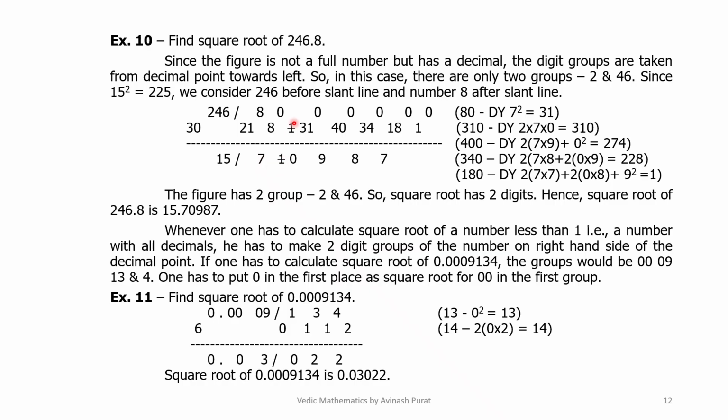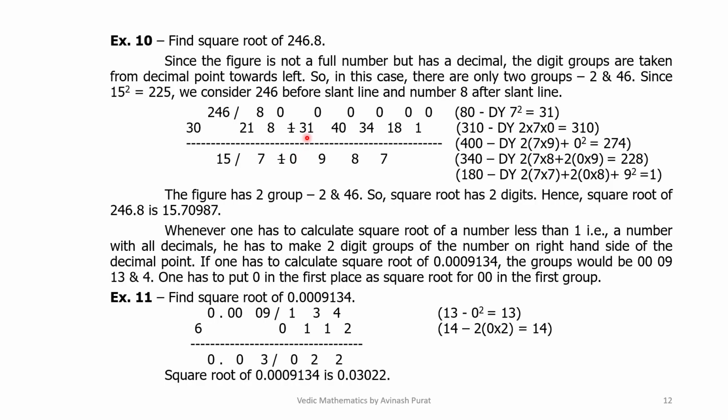But next dividend would be 10, which will be less than 2 into 7 into 1, that is 14. So we do not take 1 as quotient, and we take 0 as quotient.